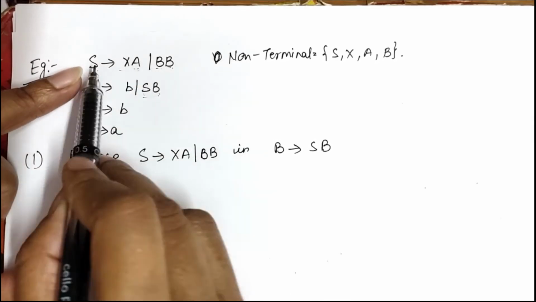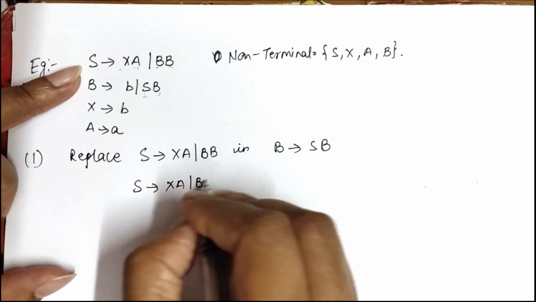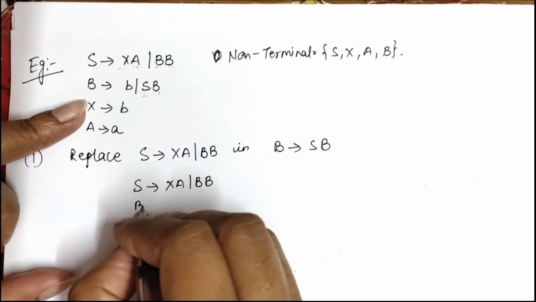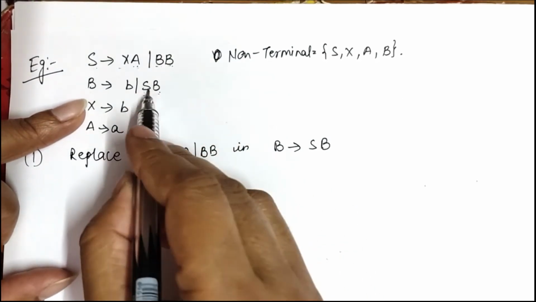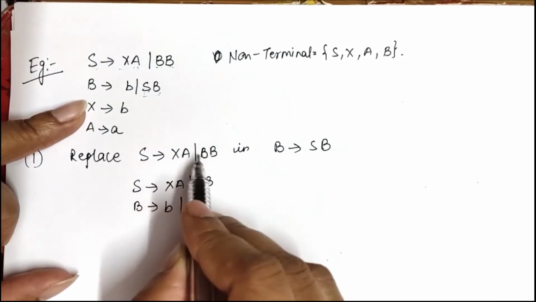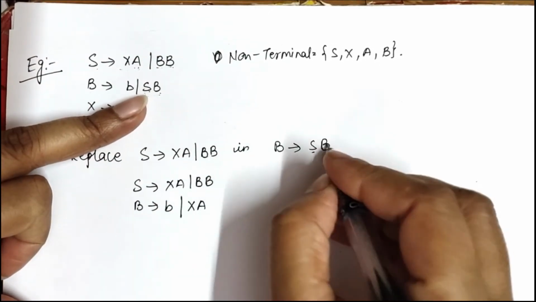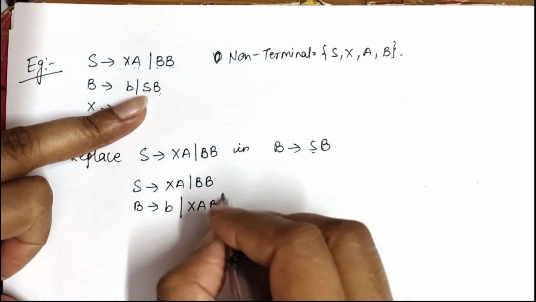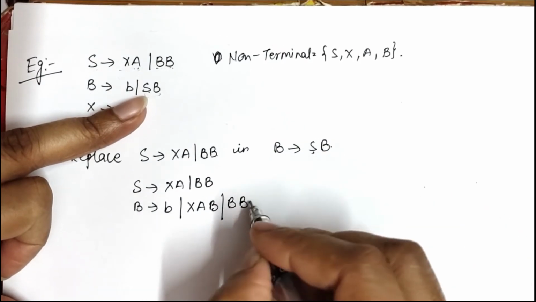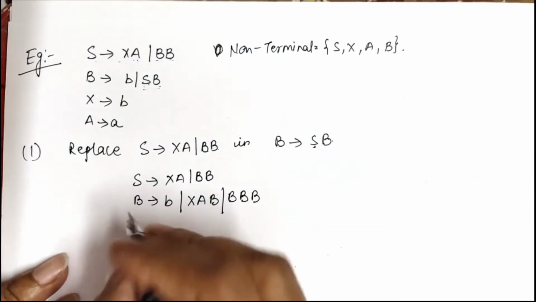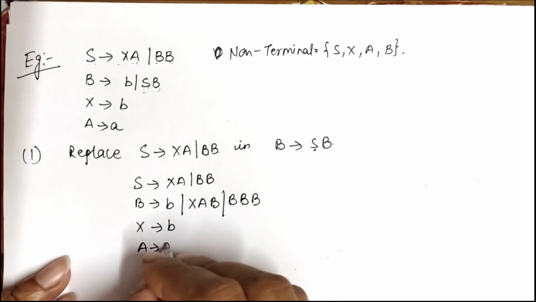First we take S derives XA or BB as it is. Then B derives small b, no problem. Now in place of S I substitute its value: first XA followed by B, or BB followed by B, and the remaining grammar remains as it is, that is X derives B and A derives A.